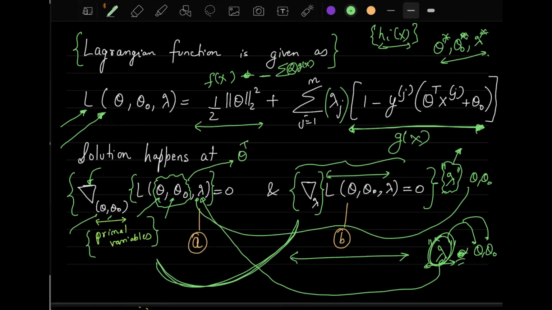If you see the equation of the hyperplane, these primal variables are important to us, because we want to separate the points using this hyperplane, and there is no lambda involved here. So lambdas are important to calculate and use in this equation so that we can get the values of theta and theta 0, which are the primal variables. So we have to solve for primal variables with the help of the dual variable, lambda.